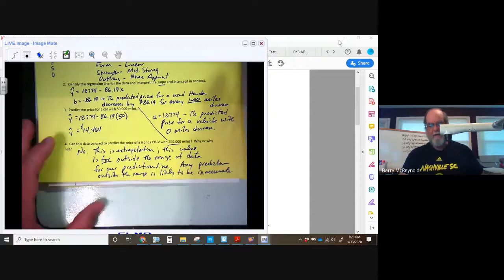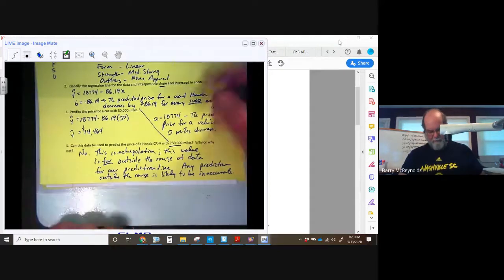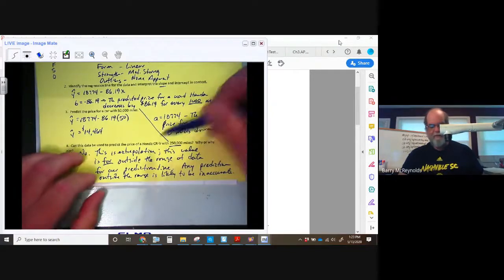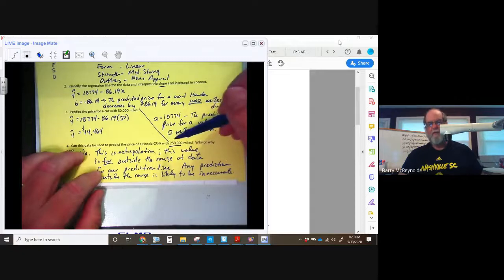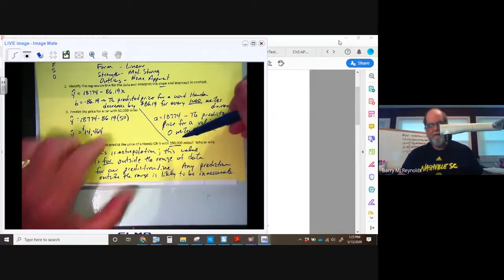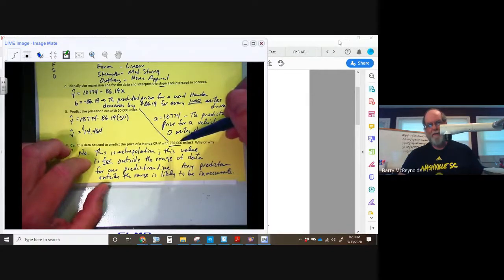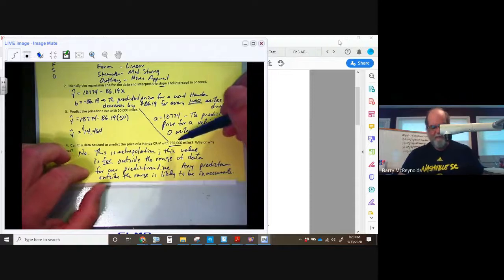We have no idea what the price of a used Honda CR-V with 250,000 miles is. Now, some of you who know what a Honda CR-V is and can imagine what it's going to look like after 250,000 miles, you'll kind of laugh to yourself about that.